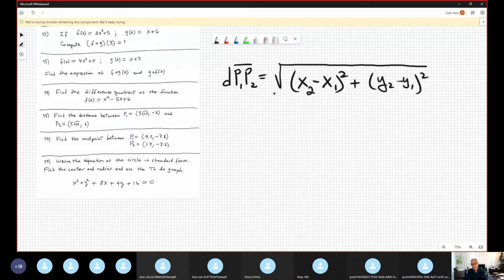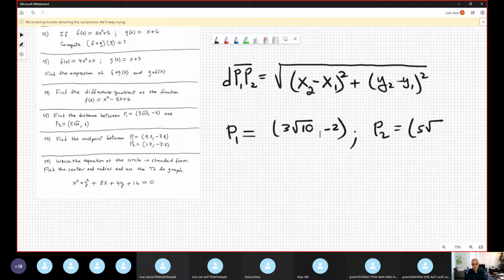This is the component, no? The x component or the y component of the specific point. P1 is given: P1 is (3 radical 10, minus 2). And P2, separated by a semicolon, is another point, whose components are 5 radical 10, comma.